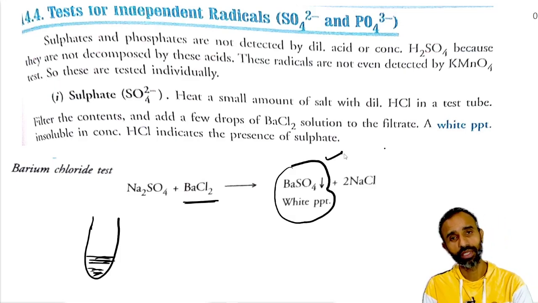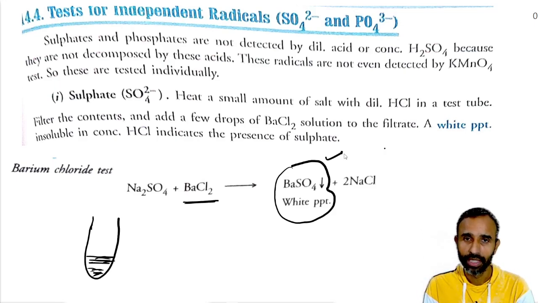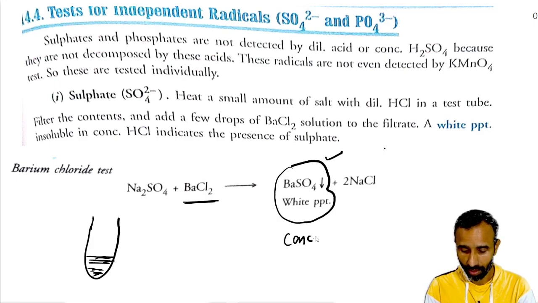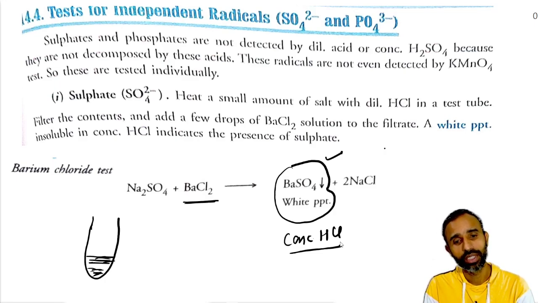Barium sulfate is an insoluble solid in water, and therefore it appears as a white PPT. And this barium sulfate is even insoluble in concentrated HCl, and that indicates the presence of sulfate in the salt.